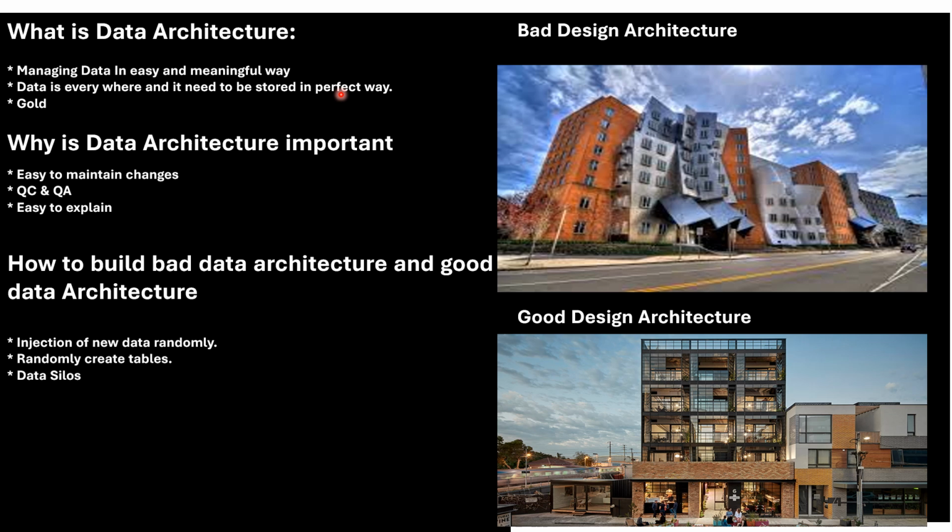If the data architect doesn't design the architecture in a proper way, then it is a complete mess in future, because the data architect and the data developer can't communicate properly with each other.